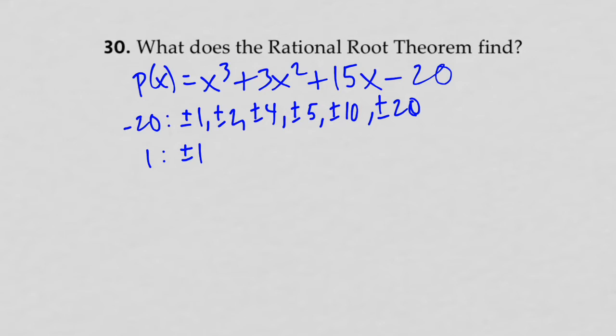It doesn't tell me what it is, right? I don't know which one it is, but it does break it down for me so that I know where my solutions could possibly be. It's gotta be one of these if it does exist. It doesn't tell me which one it actually is. I don't know if it's 1 or 2. I have to test it out, but it tells me which ones to test out. Which ones are the possible rational roots of a polynomial function.